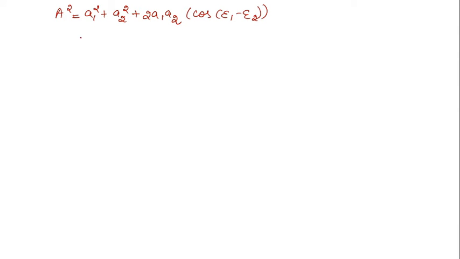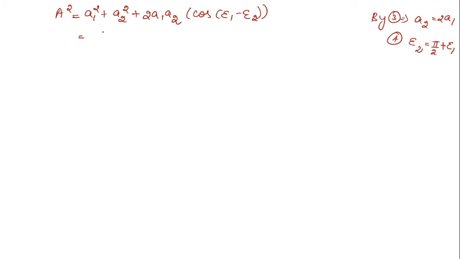Okay, so we know A1 and A2 also have some relationship from the earlier equations. By equation 3 we know that A2 is equal to 2A1, and by equation 4, epsilon 2 is equal to pi by 2 plus epsilon 1.